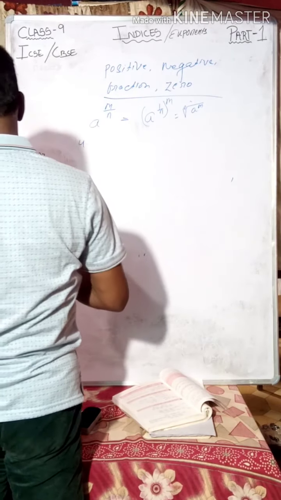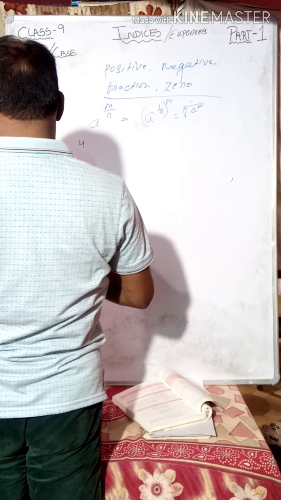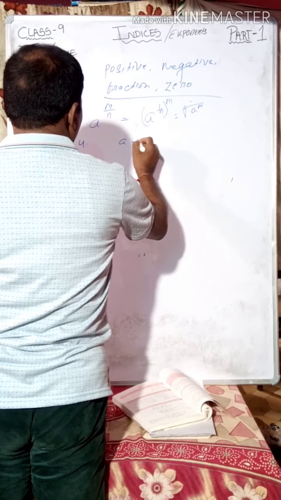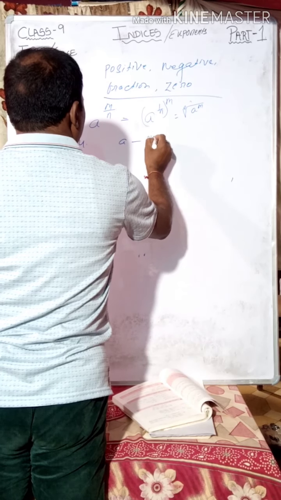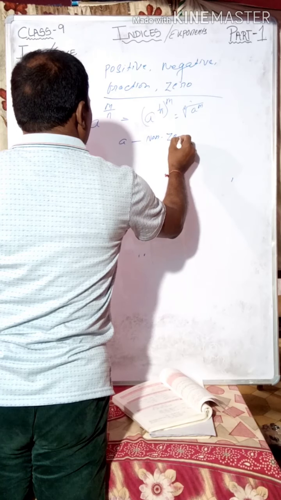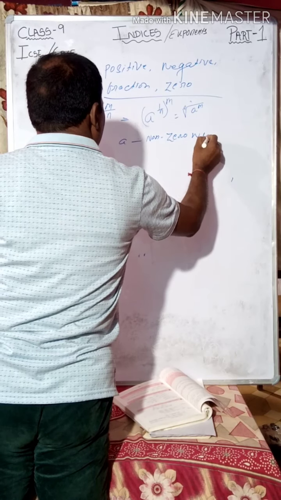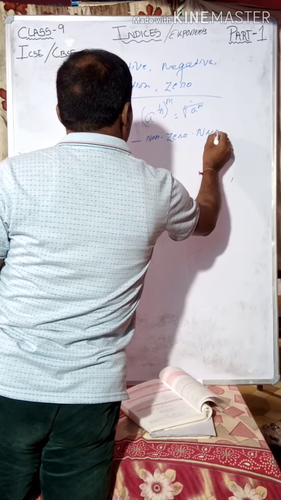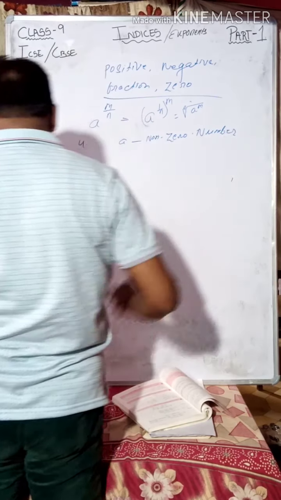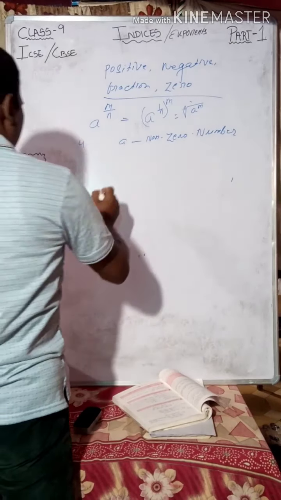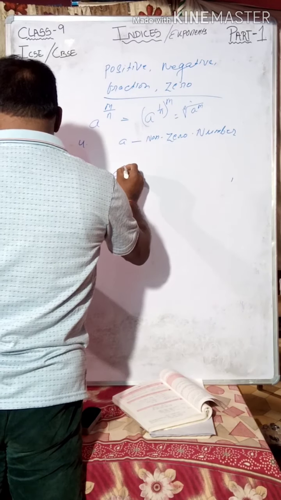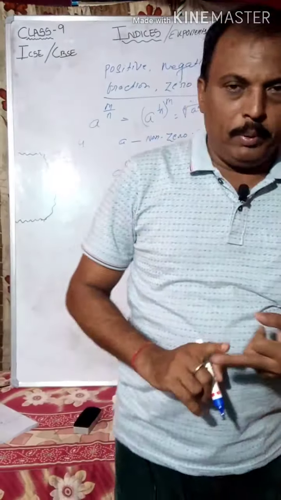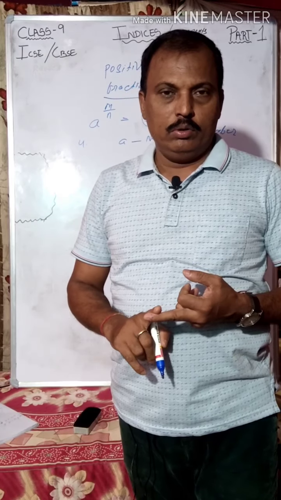Rule number 4: if a is a non-zero number, meaning a is not 0.